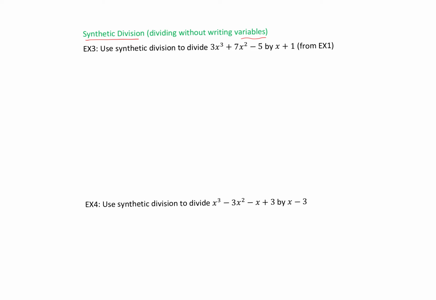With the long division that we did previously, it was multiply, subtract, multiply, subtract, multiply, subtract. With synthetic division, it's going to be multiply, add, multiply, add, multiply, add. And without all those variables, and with the addition, there should be less chance of error.